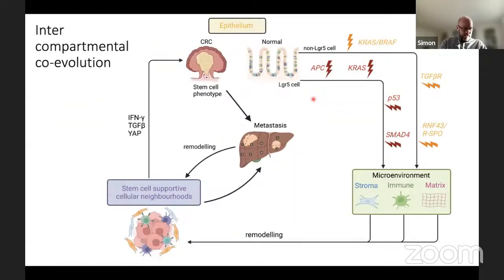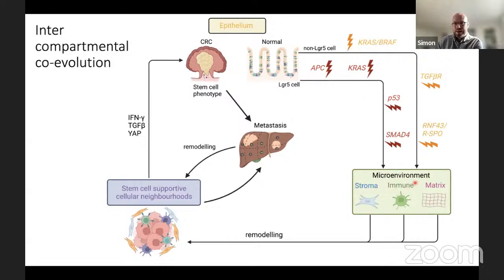So coming to the end, this really leads us to develop this intercompartmental coevolution model of colorectal carcinogenesis. And I'll try and explain what I mean by that rather complex title. What we have within a normal population is two series of mutational pathways, either the serrated pathway or the conventional pathway. Each of the mutations that occurs within the epithelial cell of this model causes microenvironmental remodeling.